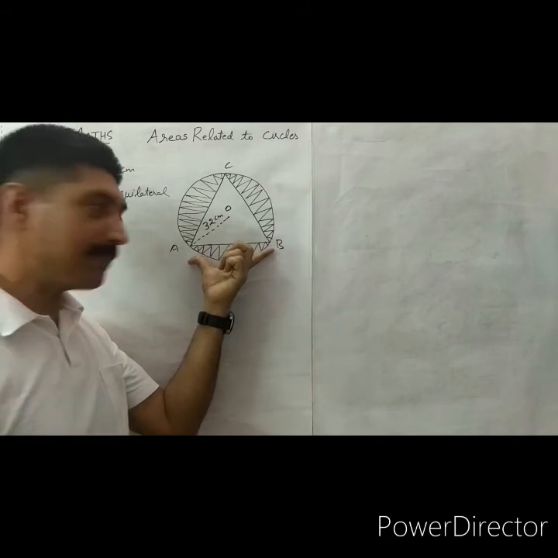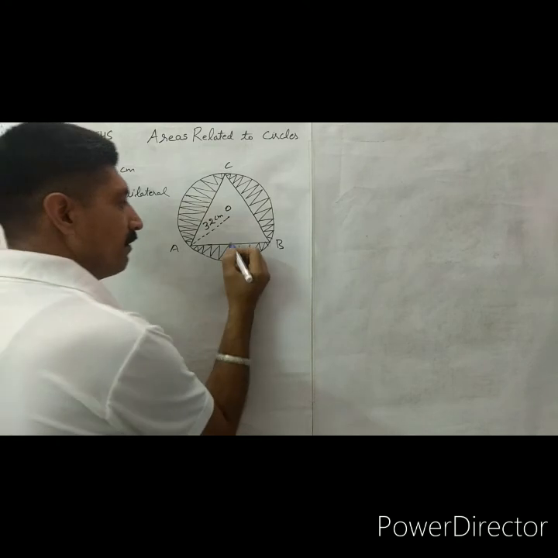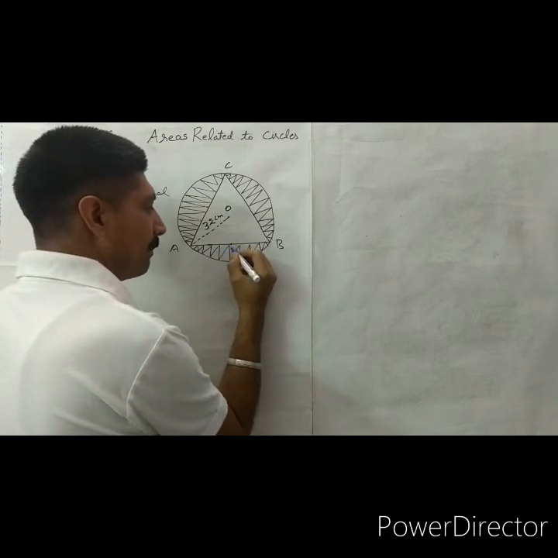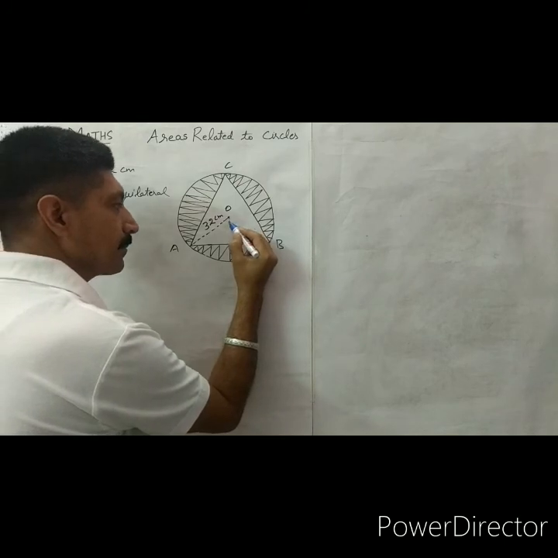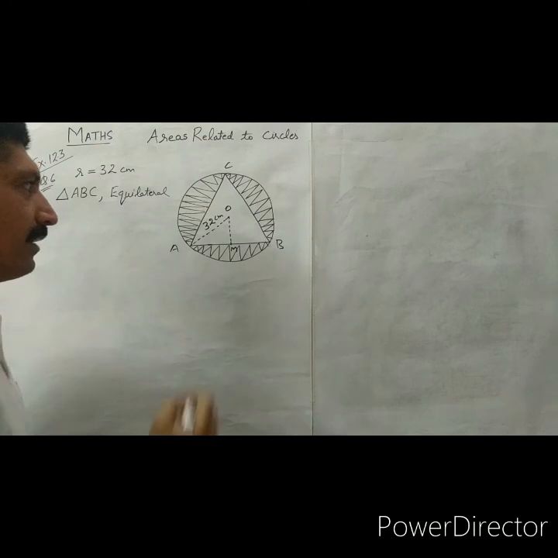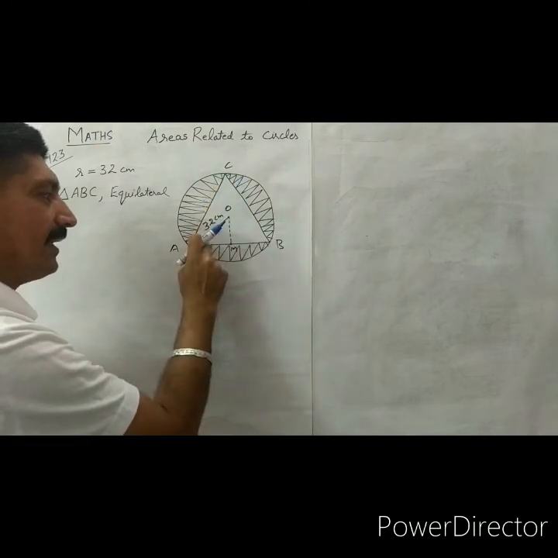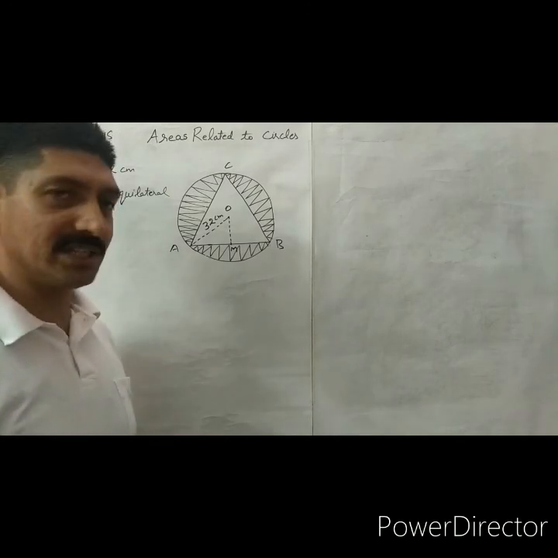If we want to find AB here, we will apply the properties of a circle. We will take here a midpoint M and join O with M. So here we know that in equilateral triangle, angle A, angle B and angle C, they are all 60 degree each.